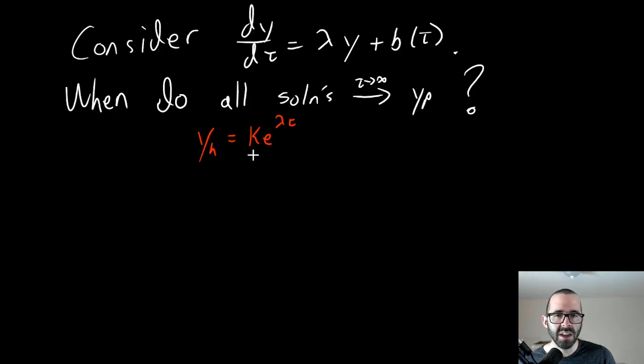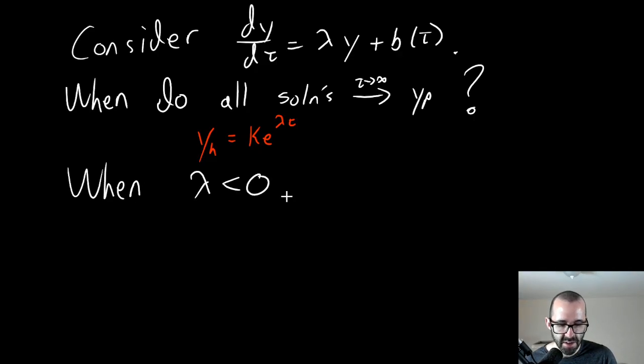So when does this go to 0? This goes to 0 when lambda is negative. So when lambda is negative, all solutions to the non-homogeneous differential equation approach one particular solution.